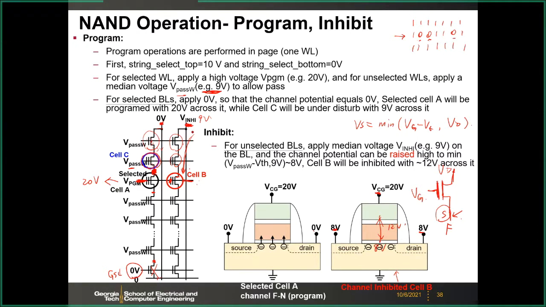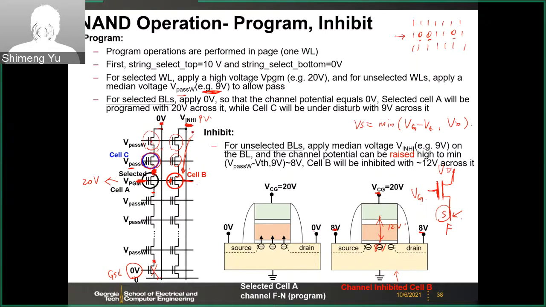For example, if your Vg is very large, then this transistor is turned on. So the Vs will be the same as Vd, because this is floating, there's no current flow. If the gate is very on, then the source voltage should follow the same drain voltage. If Vd is the bottleneck, then it will be the same as Vd.